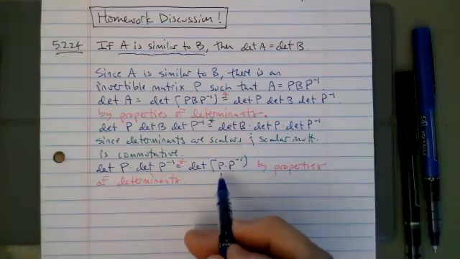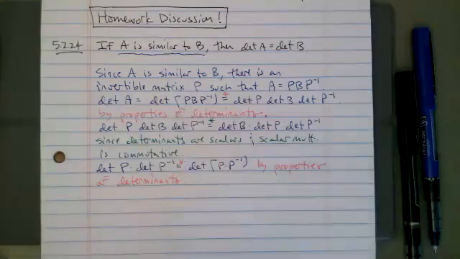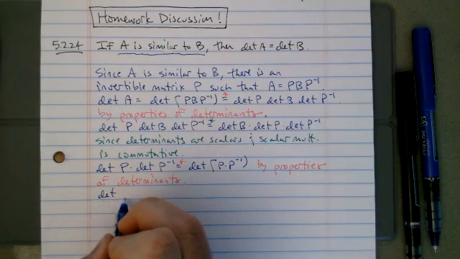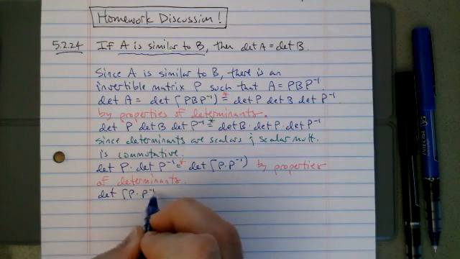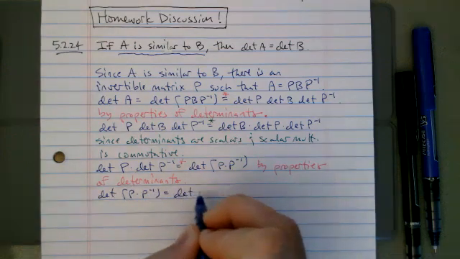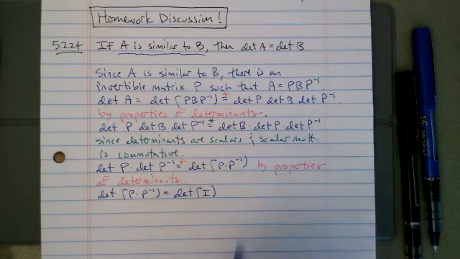And we know that P times P inverse, because of what invertible matrices are, is just the identity. By definition of inverses, P times P inverse is just the identity.